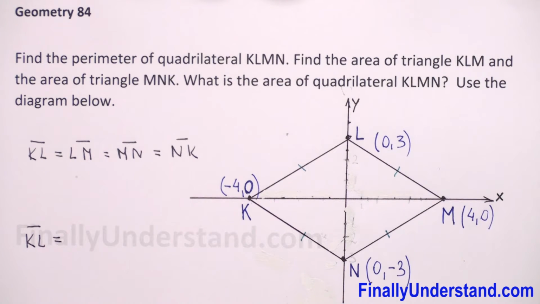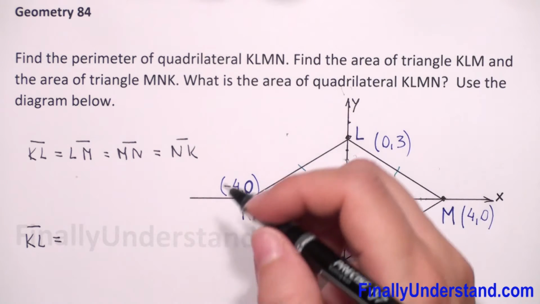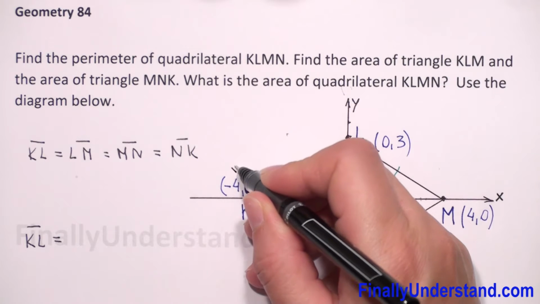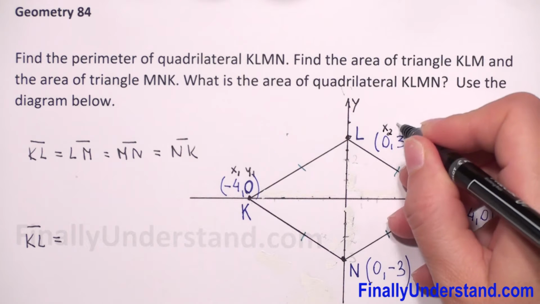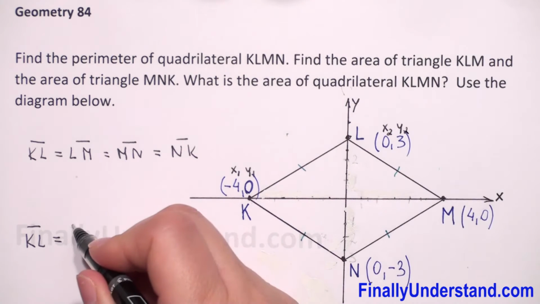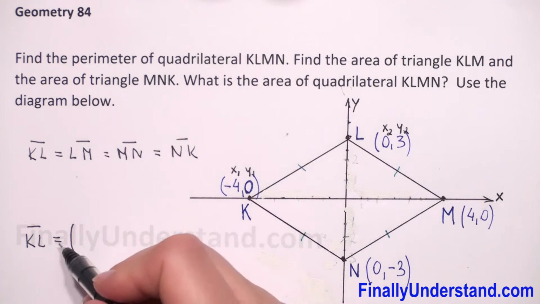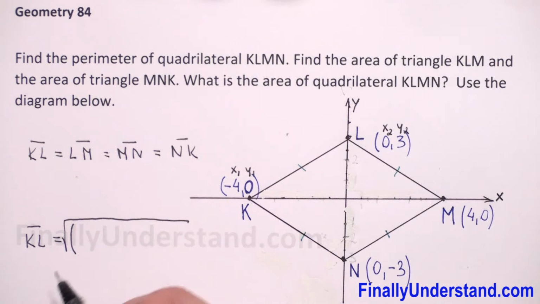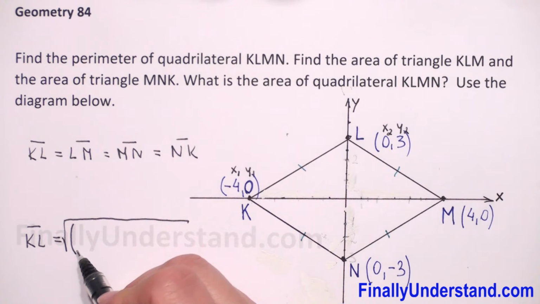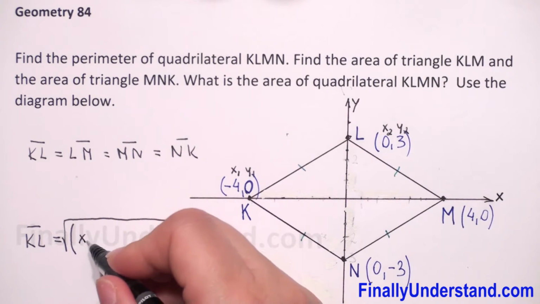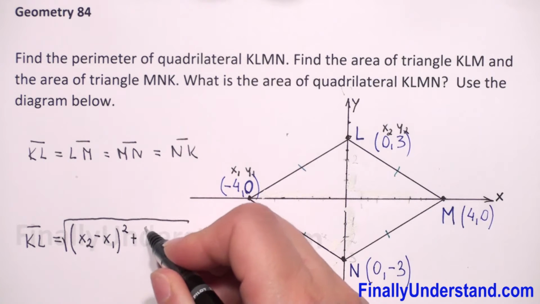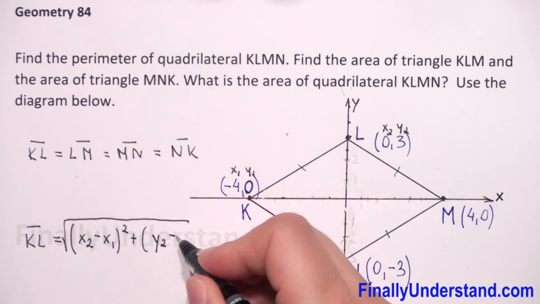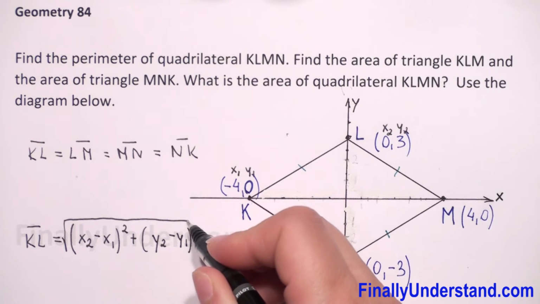We will use the formula. Let me remind you, when we have 2 points, the first coordinates x1, y1 and x2, y2, we have to find the square root of, in the first parenthesis, x2 minus x1 to the second power plus y2 minus y1 to the second power.